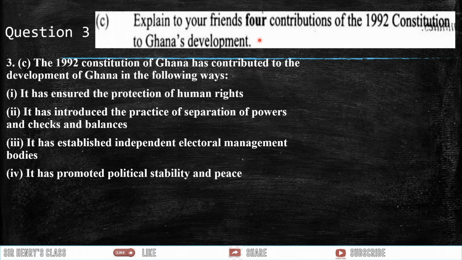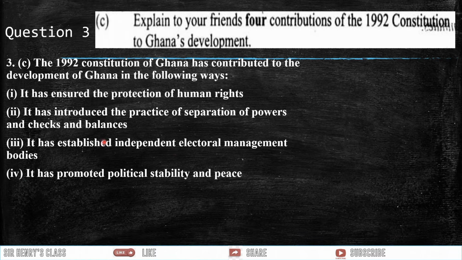3C, explain to your friends 4 contributions of the 1992 Constitution to Ghana's development. 1, it has ensured the protection of human rights. 2, it has introduced the practice of separation of powers and checks and balances, where all the 3 arms of government, executive, legislature, and the judiciary, work independently in terms of functions and power, but each organ serves as a check on the other to prevent dictatorship and arbitrary rule.